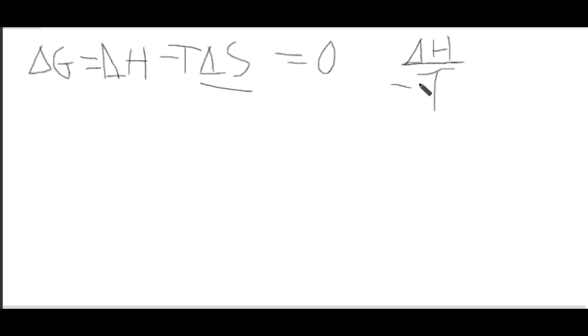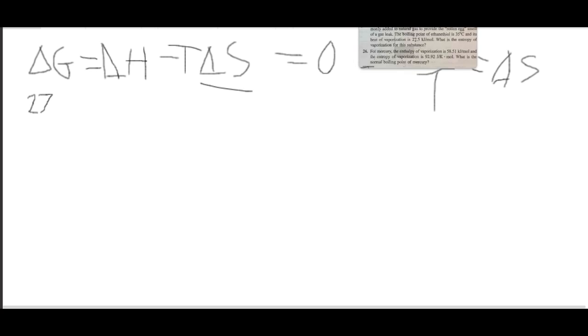The negative signs will cancel out as we divide. Delta H over T will tell us our delta S of vaporization.